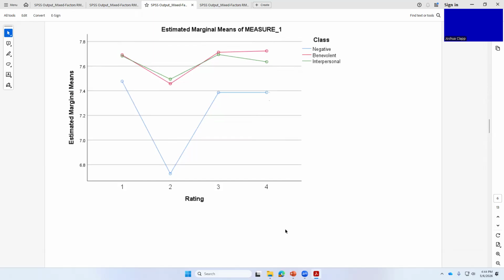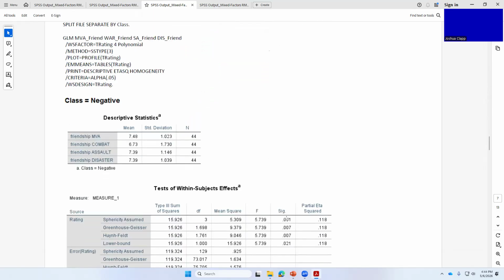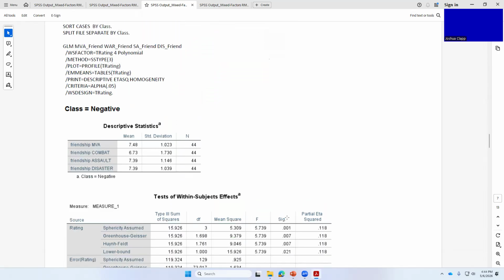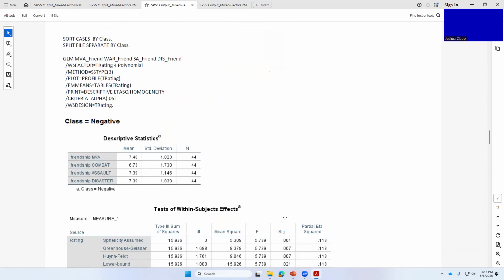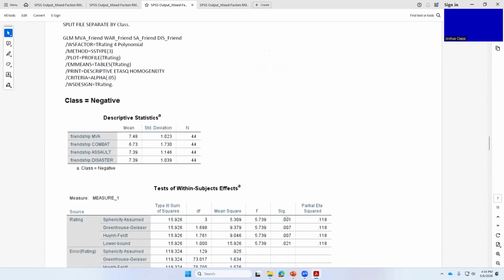Okay. So what I'm going to do here is first split this file by group, okay?